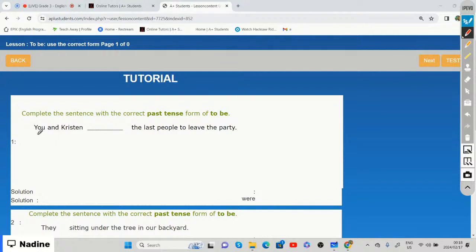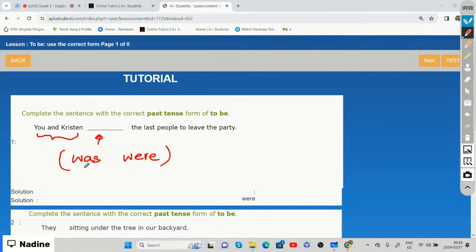So basically this is plural, right? Meaning that it's two or more. So in order for us to get an answer, we are going to have to choose between was, that is in the past, or we're going to use the word were.